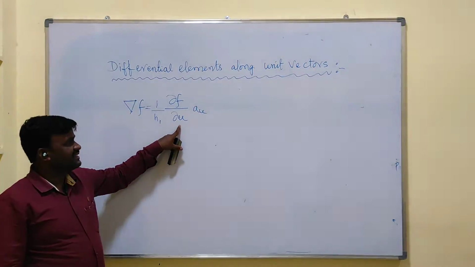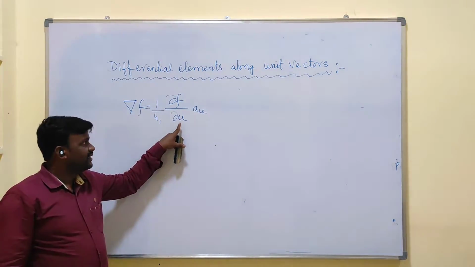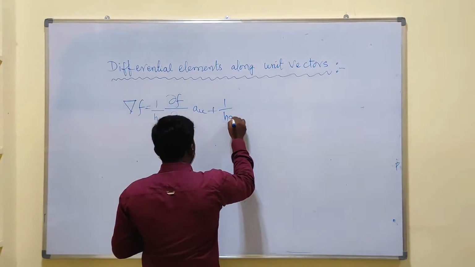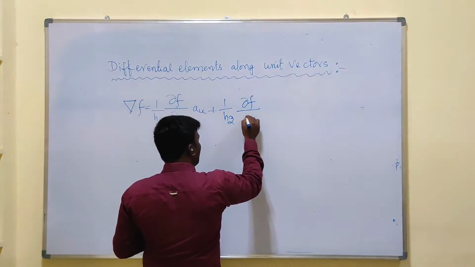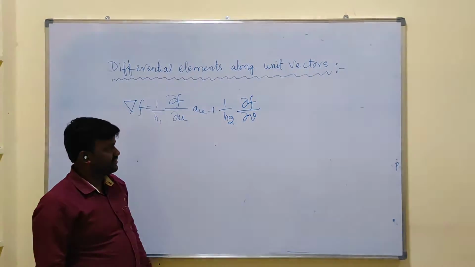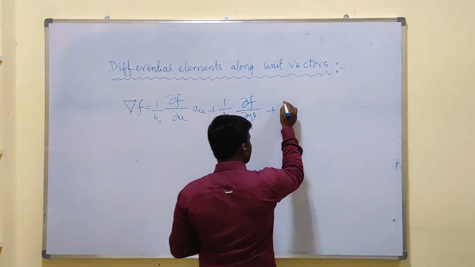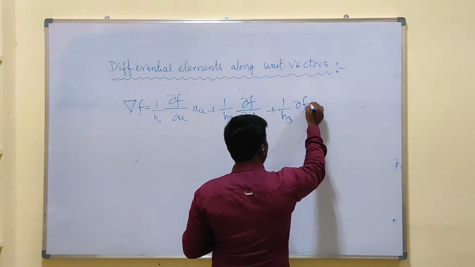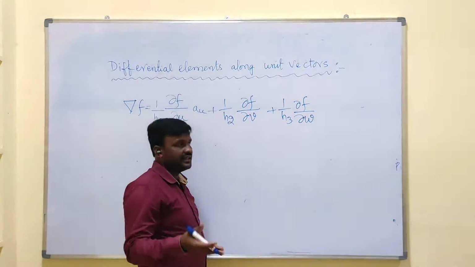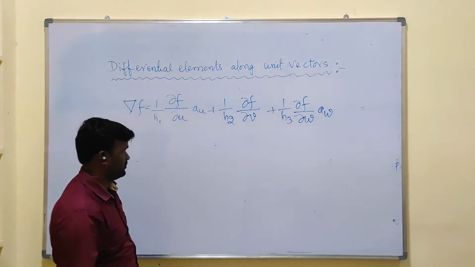Means if it is Cartesian, x; if it is cylindrical, rho; if it is spherical, u is r. Next, plus 1 by H2, dou f by dou v, a v, where v is the second element in the given coordinate system. If it is spherical, the second element is theta. Then plus 1 by H3, dou f by dou w, a w, where w is the third element in the given coordinate system. That is a vector.